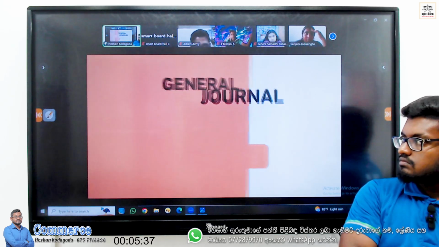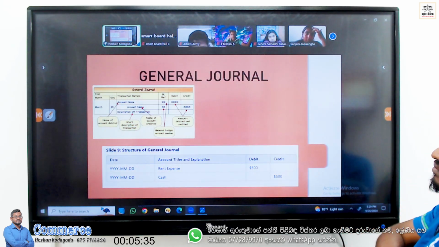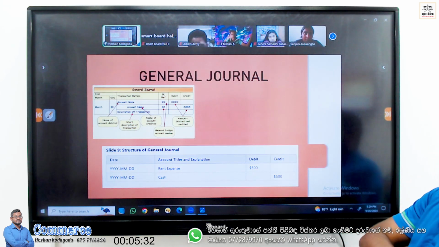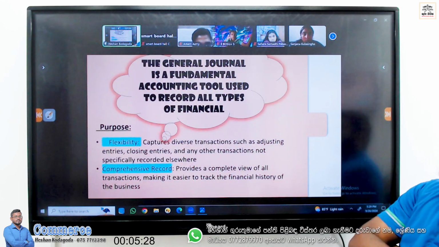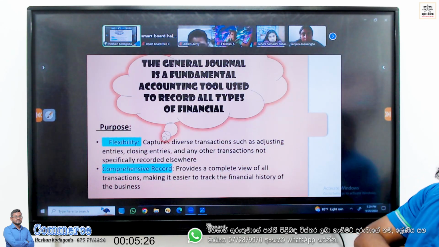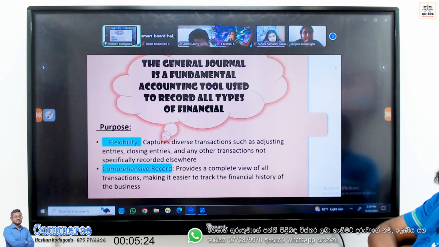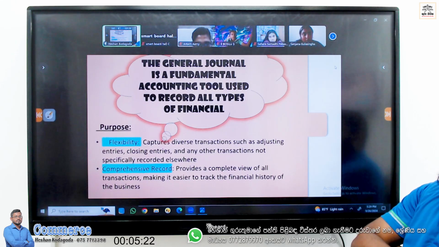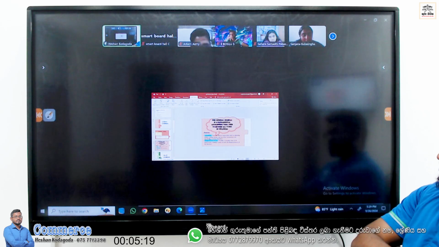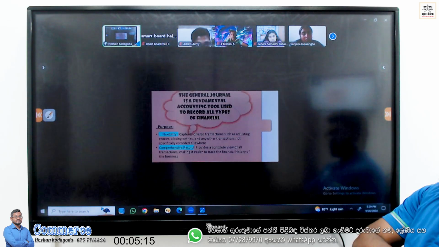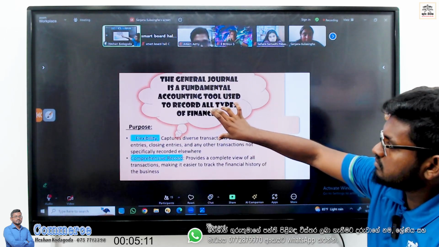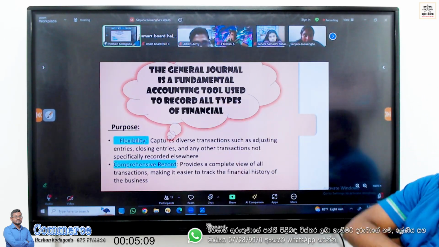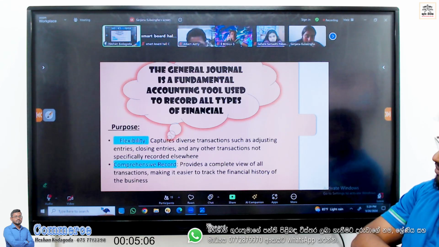General journal. This is the normal interface of a general journal, and an example. The general journal is a fundamental accounting tool used to record all types of financial transactions.